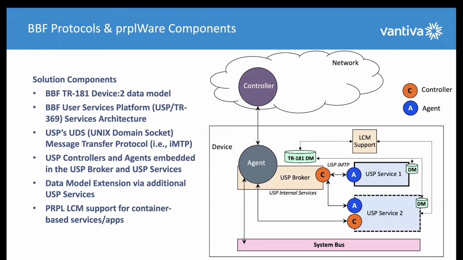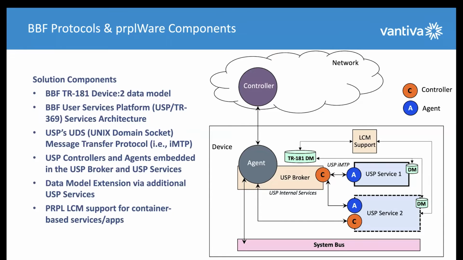A USP service can also have a controller in it, as in the example down at the bottom right here, USP service 2. The difference between USP service 1 and 2 is that USP service 1 really just has one thing it's doing. It says, I have a data model, I know what I'm doing, and I'm going to expose my data model. USP service 2 is a little more intelligent, where it has a little bit more responsibilities. It's saying, not only do I have a data model and I want you to expose that, but I also have the need to talk to other parts of the system.